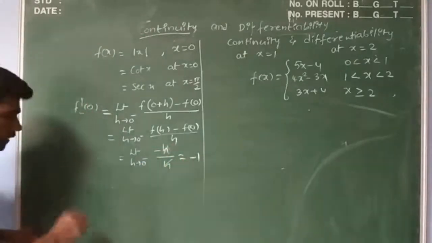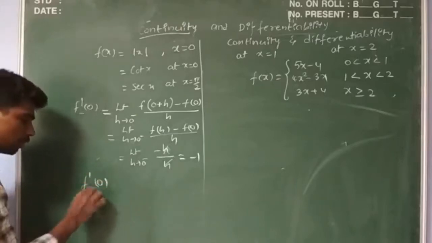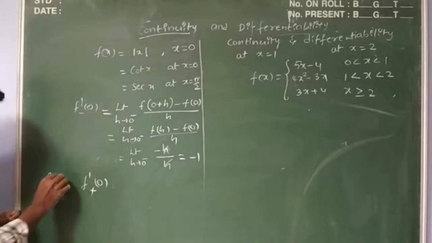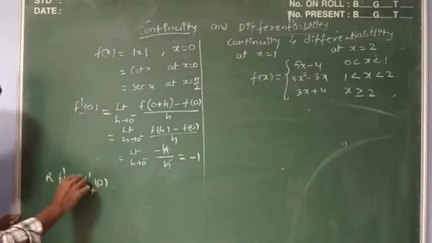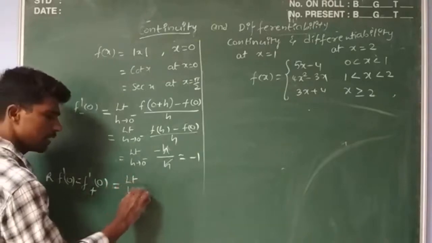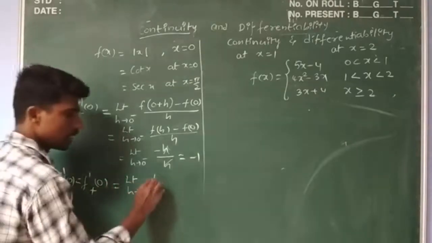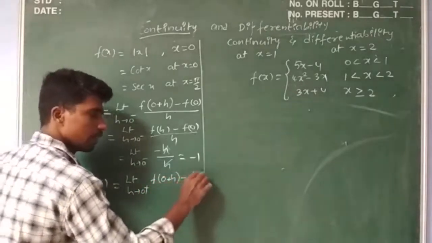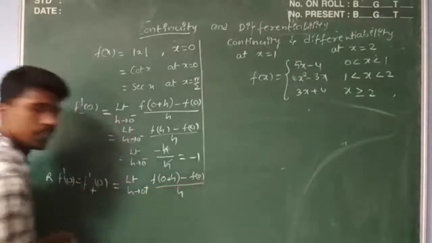Now the right derivative, f dash of 0 from the right side, which is equal to limit h tending to 0 plus [f(0+h) minus f(0)] by h.